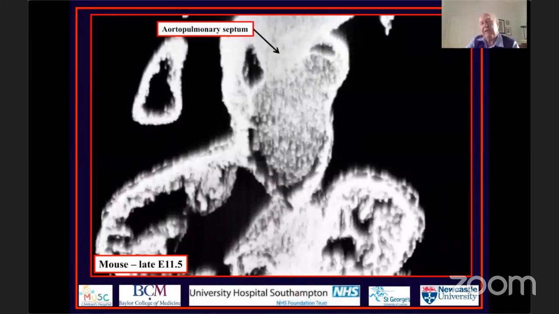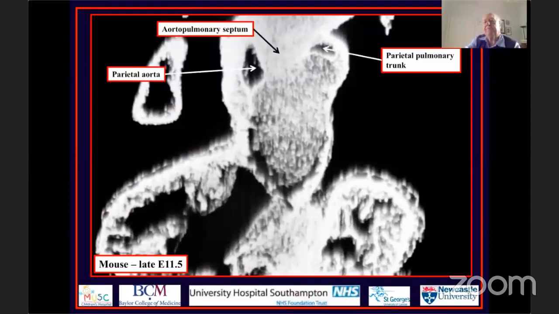And by tracing development, we can see that that aortopulmonary septum separates the intrapericardial component of the aorta from the intrapericardial part of the pulmonary trunk, and they are now forming the distal components of the outflow tract. The cushions then separate the intermediate and the proximal parts.